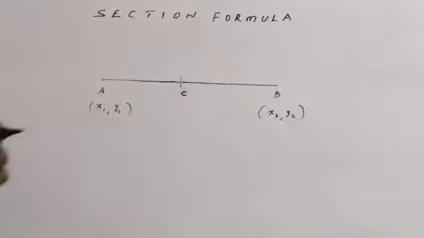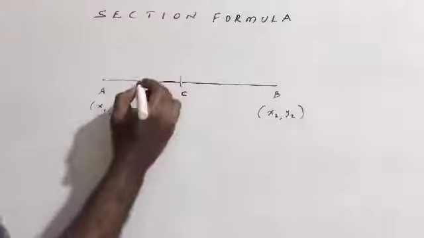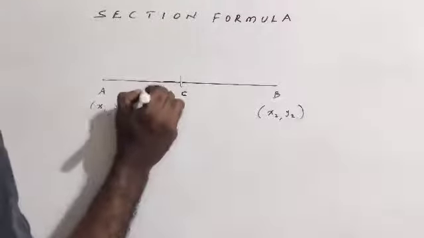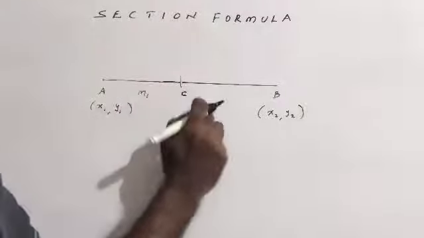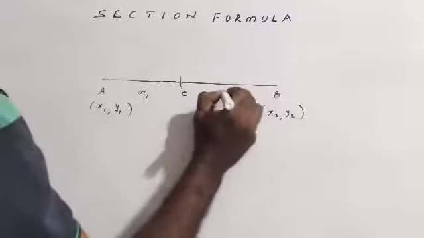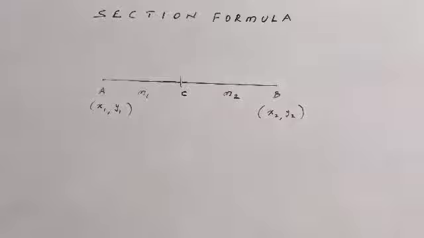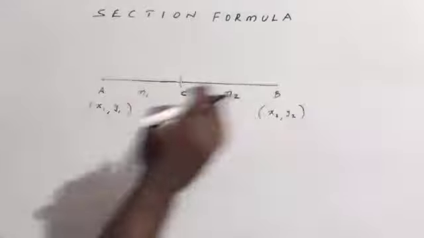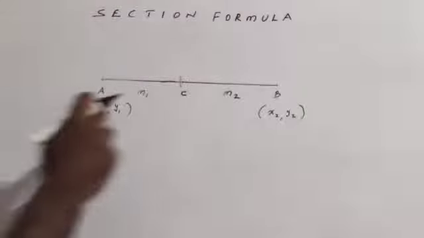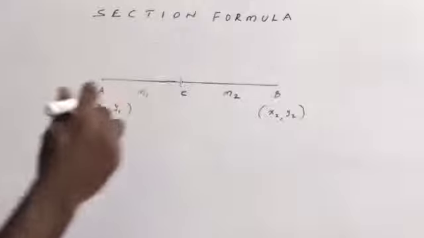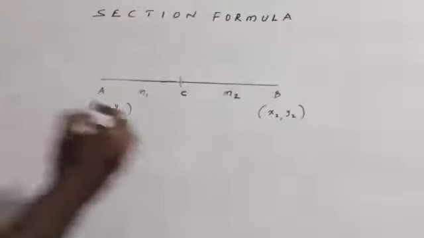Consider the part AC in the ratio M1 and the other part CB in the ratio M2. So the point C divides the line segment AB into two parts, or two sections, in the ratio of M1 and M2. So M1 is to M2.